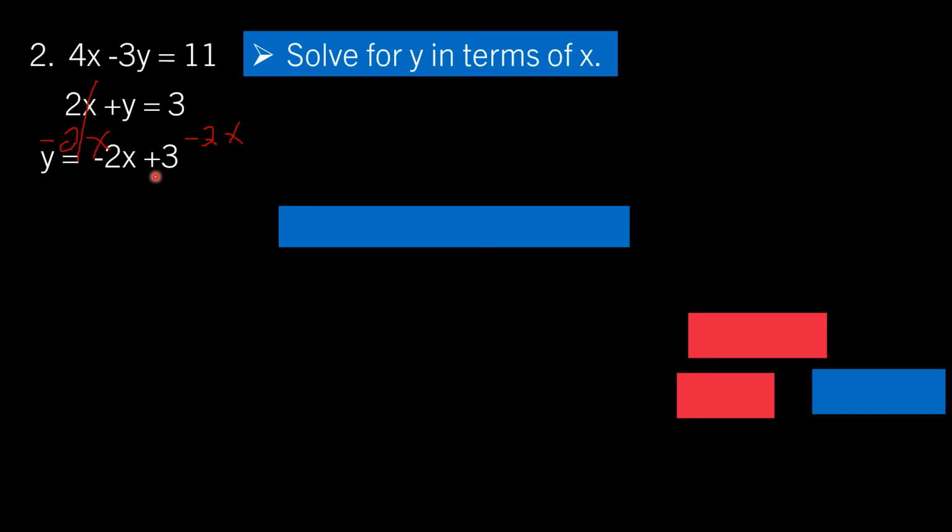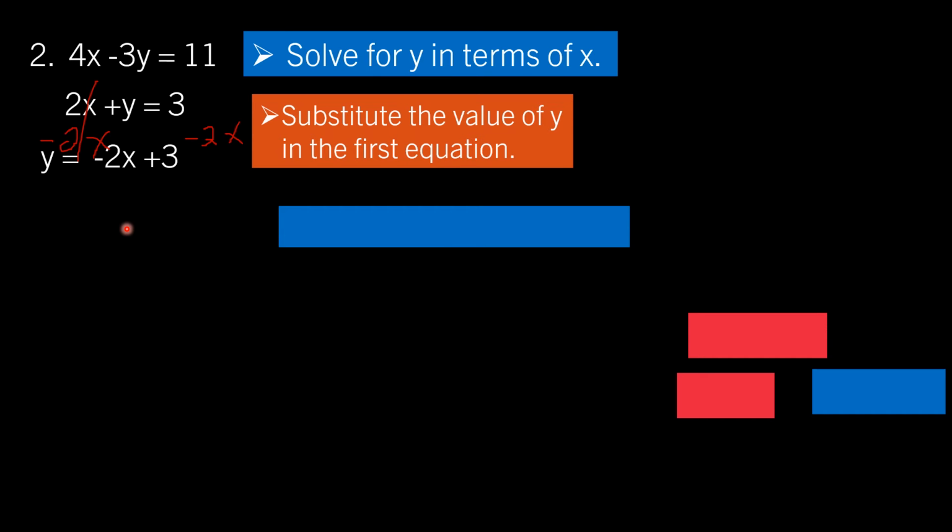Ngayon, pwede na nating ipalit yung value ng y dito. Ano yung value ng y? Negative 2x plus 3. That is what we call solve for y in terms of x. Okay, so now we have, just copy 4x minus 3 times negative 2x plus 3 instead of y is equal to 11.